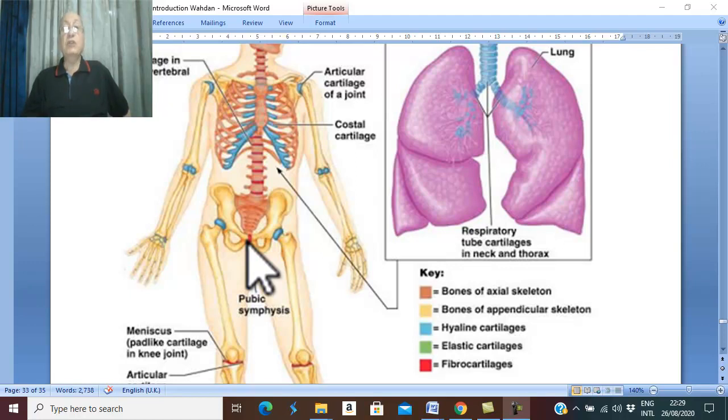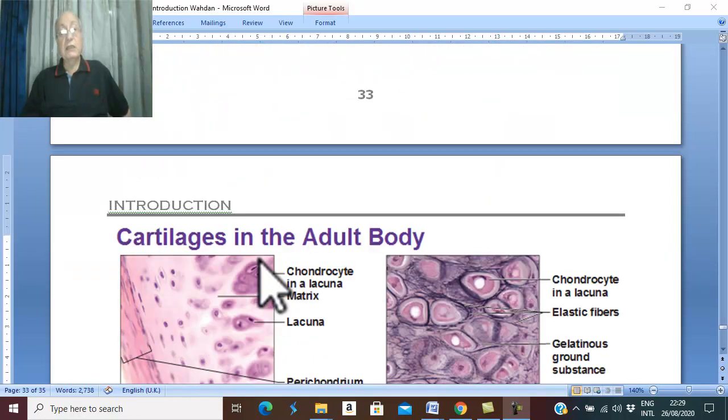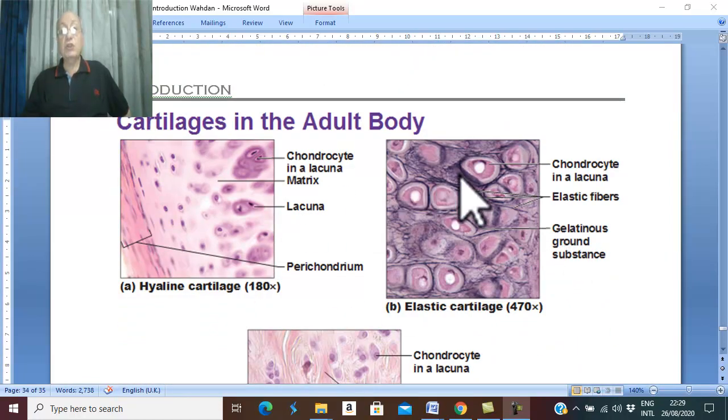The last type of cartilage is yellow elastic cartilage. The yellow elastic cartilage is yellow in color. Why? The matrix is very rich in yellow elastic fibers.